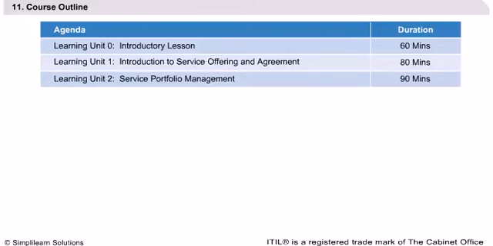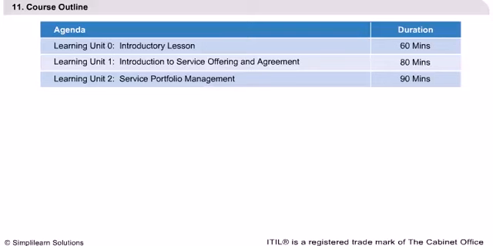Learning Unit 2. This unit is all about service portfolio management. It provides a complete overview of the objectives, scope, and importance of service portfolio management and of how it relates business services to IT services.